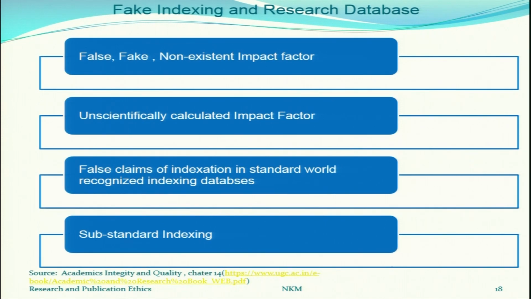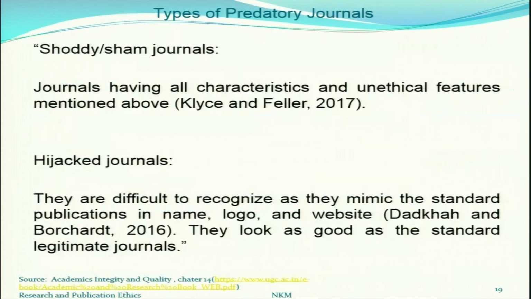Then you see false claims of indexing in standard, world-recognized indexing databases. They also use substandard indexing like Copernicus and others to attract such scholars. Even sometimes they say Scopus, but when you check the Scopus website, scopus.com, you don't find such journals. This kind of misleading information they provide to attract certain faculties.